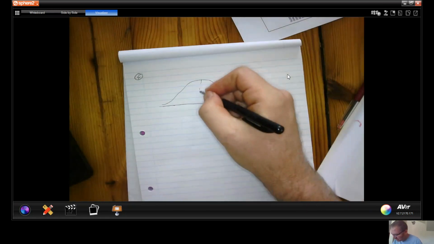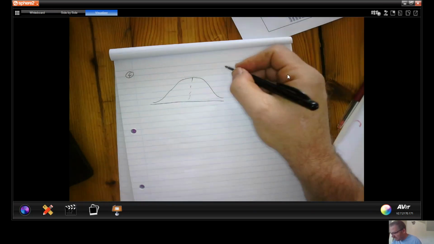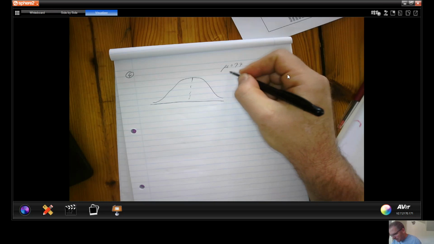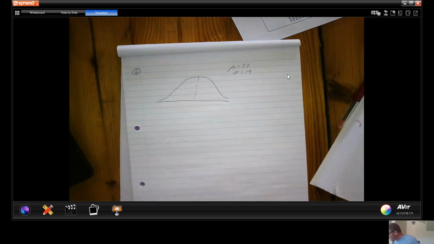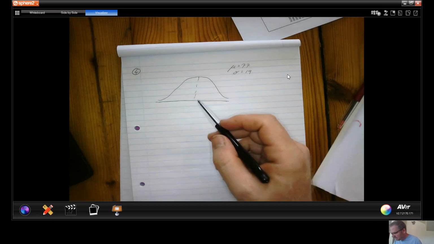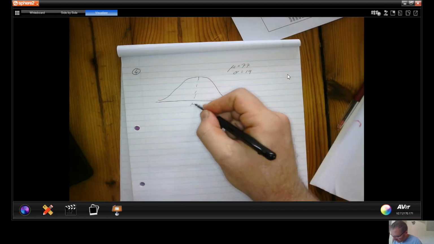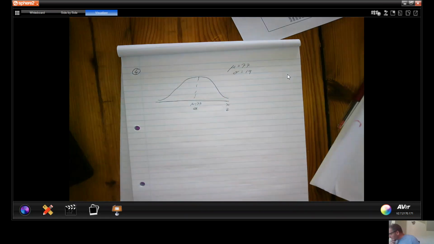So let's just summarize what we've got. We've got the mean, mu, is 77, and standard deviation is 19, right? And so let's just start getting that down. So I'm going to have my x scores, my z scores. Mu is 77 here, so my z score is 0. Okay, right.